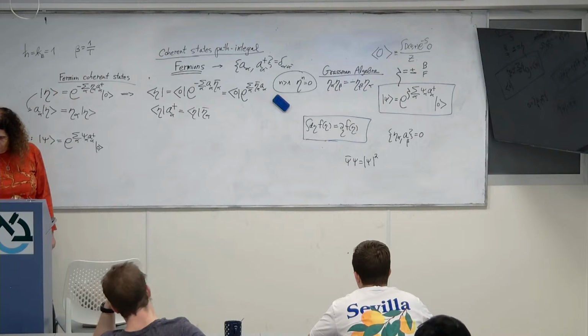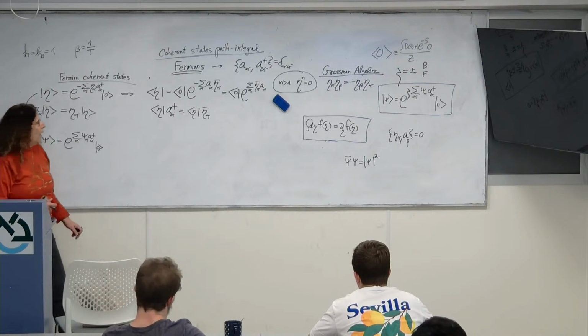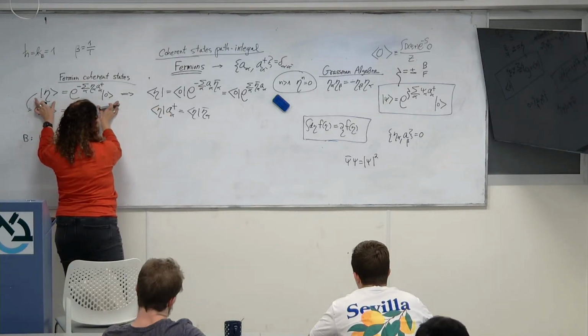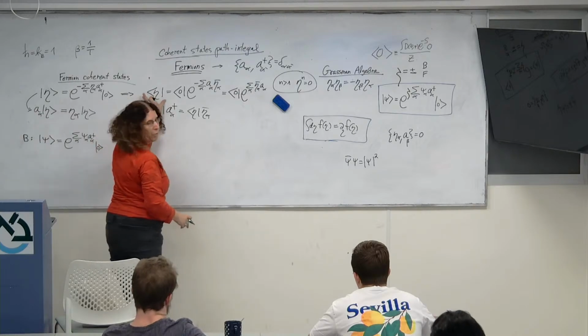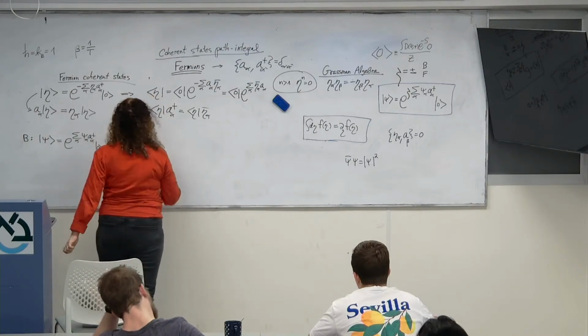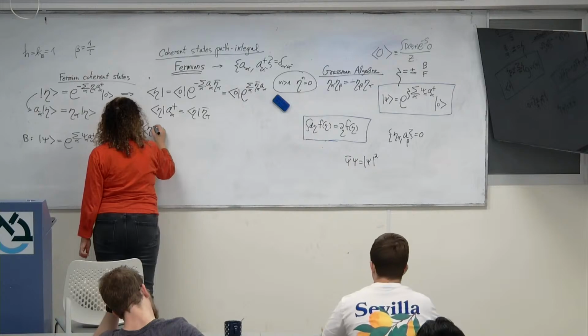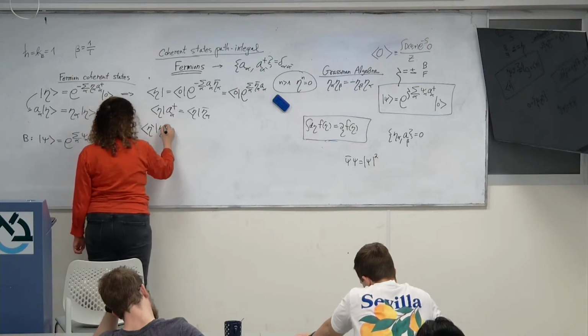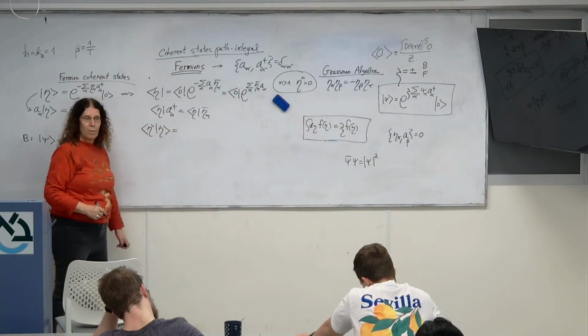Now I take this definition and this definition, and I compute the inner product. So for example, I have some eta prime and eta. What is this?